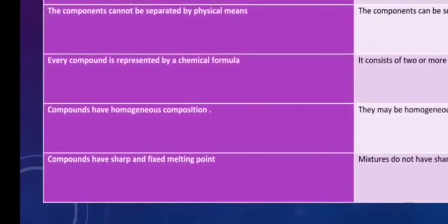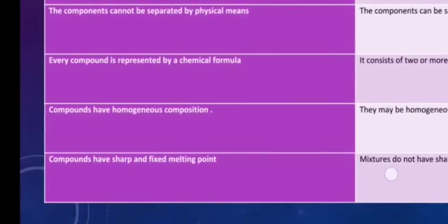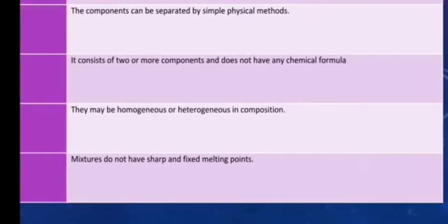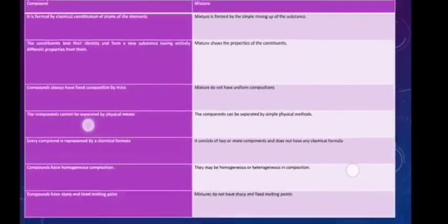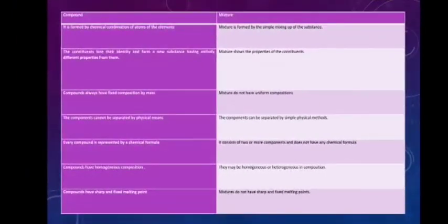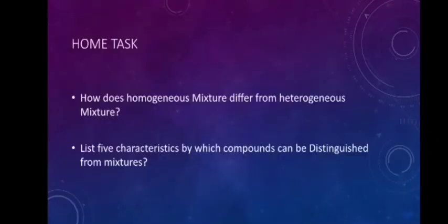The compounds have sharp and fixed melting points, and mixtures do not have sharp and fixed melting points. This is the difference between compounds and mixtures. This is a home task.